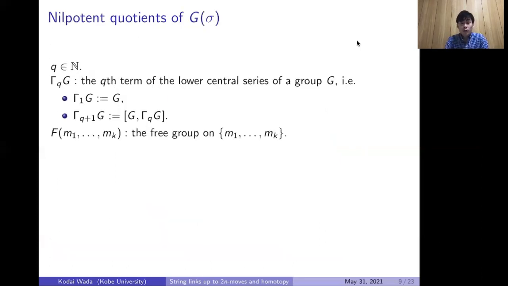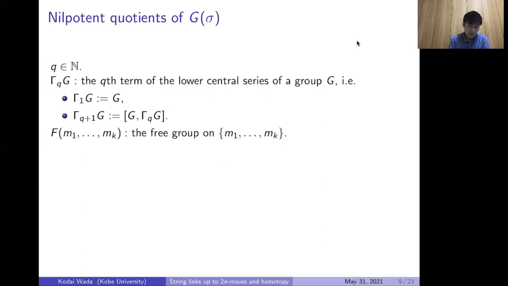Here we introduce two notations, gamma q z and F of m1 through mk. Let q be a positive integer. We denote by gamma q z the q-th term of the lower central series of a group z.